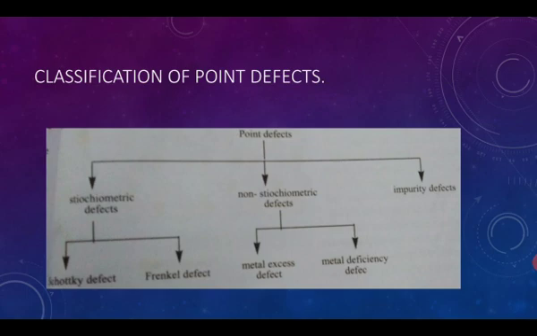The one is Schottky defect, the other one is Frankel defect. Whereas the non-stoichiometric defects are divided into 2 types. The first one is metal excess defect and the second one is metal deficiency defect. So this is something regarding the classification of point defects.